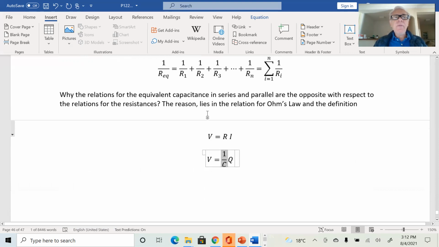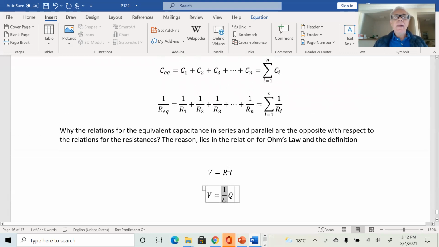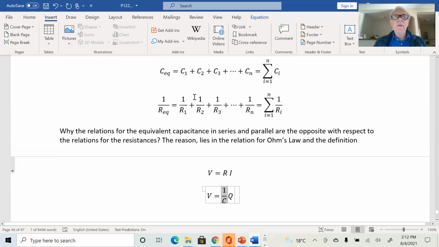If you were to define something else that's not a capacitance, but would be called something else, the inverse of the capacitance, then we would have something just like that for the resistance. So that's where the crux of the matter lies.